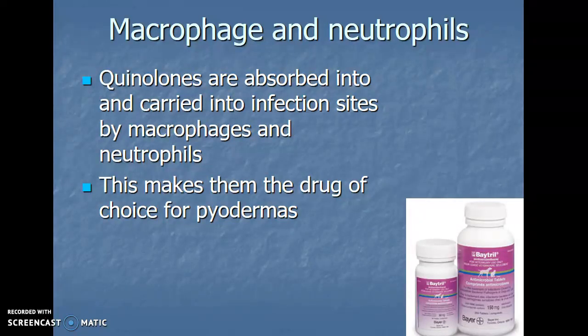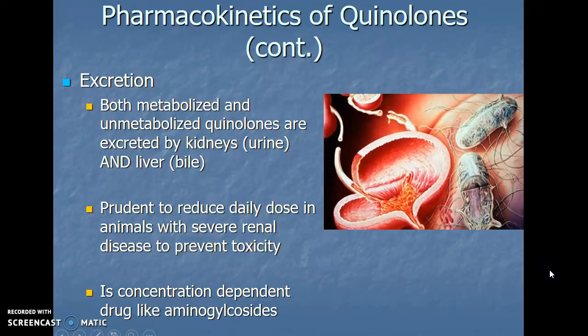We have trouble treating pyodermas. They just take a long time. The surface of the skin, while it is fairly vascular, is always kind of regenerating. And so it can just take a while to really have a good effect with antibiotics in skin infections. So these are the drugs of choice pretty much for pyodermas. And this is Baytril. If you've been in a clinic, you've probably seen this purple label on it. It was a very distinctive label when it came out.